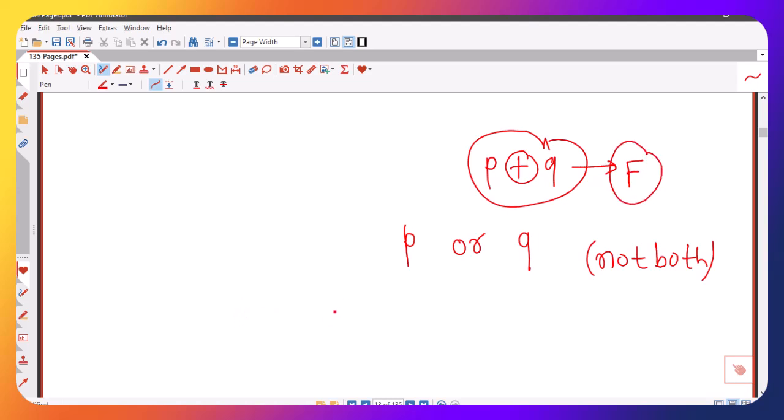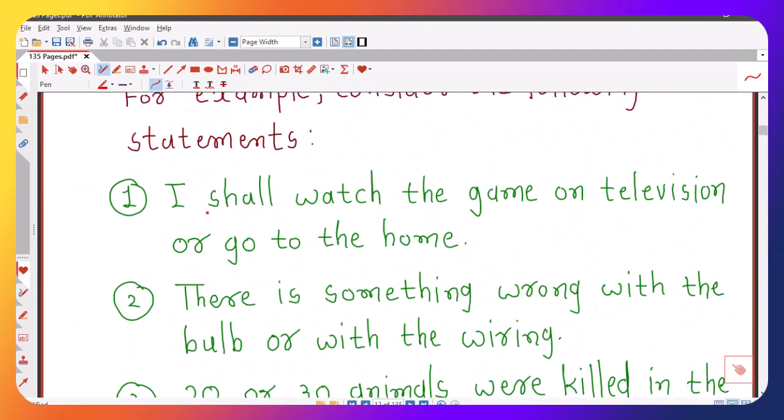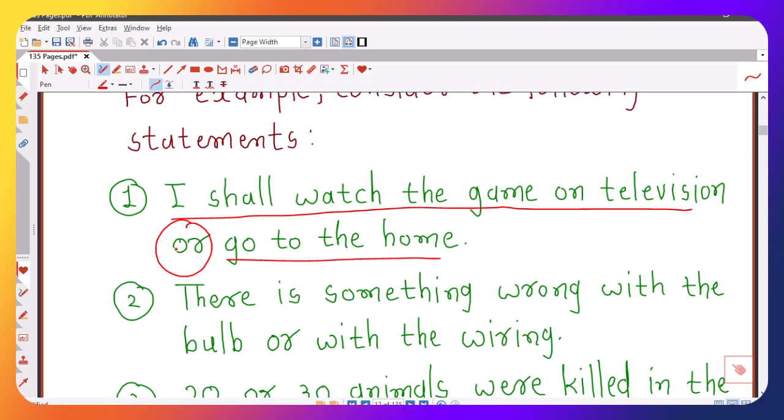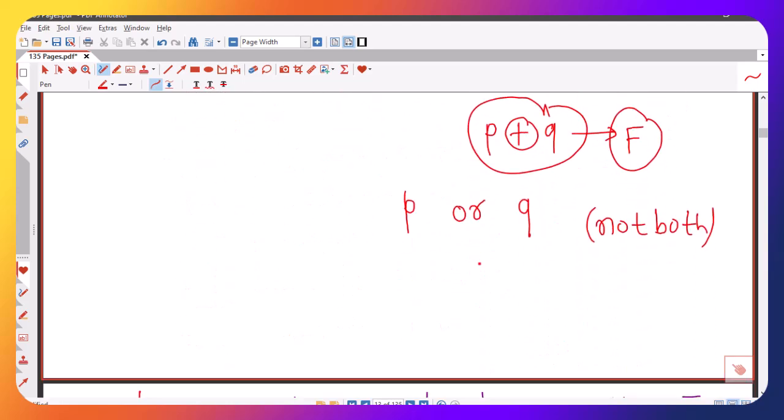For example, if we are considering this statement that I shall watch the game on television or I shall go to the home, this is an example of exclusive or. Either I shall watch the game on television or I shall go to the home, but I cannot have both the activities at the same time. So whenever we have exclusive or, I will not include both the possibilities. If there are chances of both the possibilities, then exclusive or will be considered as false.